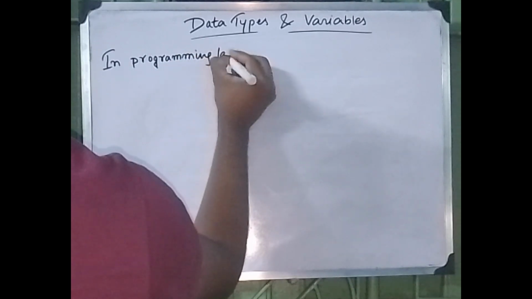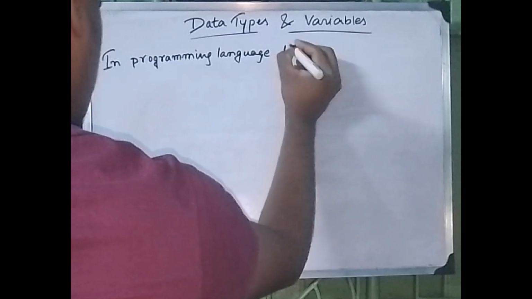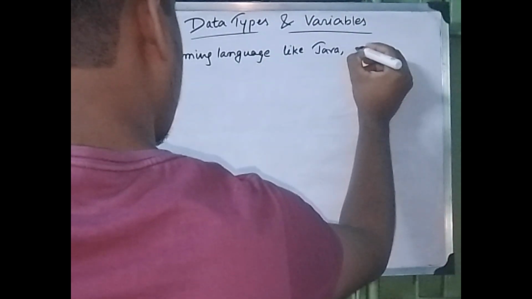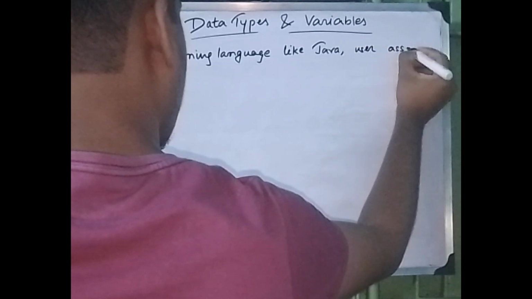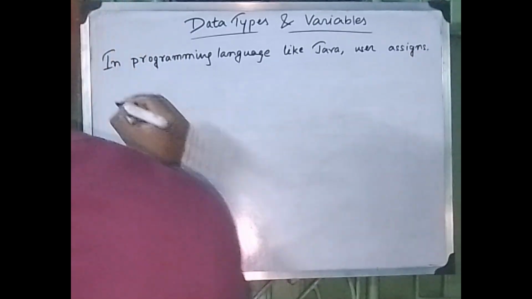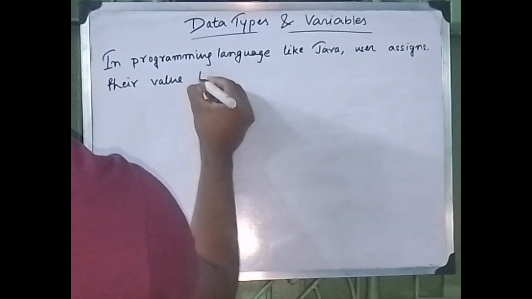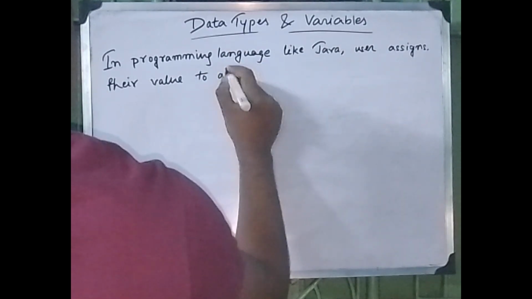So, in programming languages such as Java, the users generally assign a value to a particular data type, which is also known as a variable.